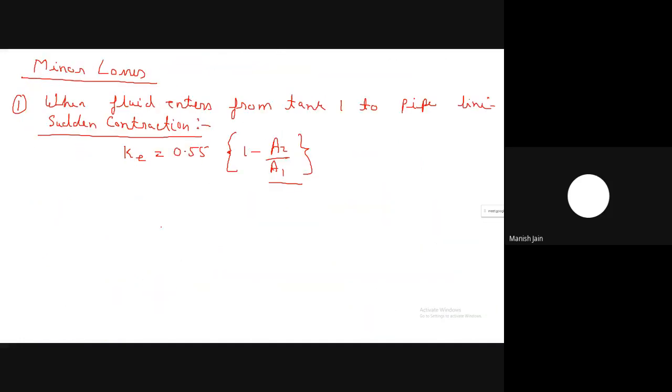A2 is the cross-sectional area of the pipeline, and A1 is the cross-sectional area of the tank.